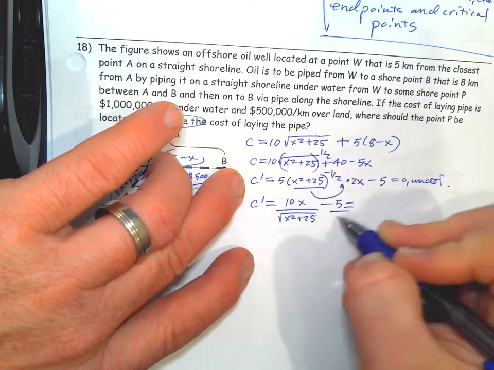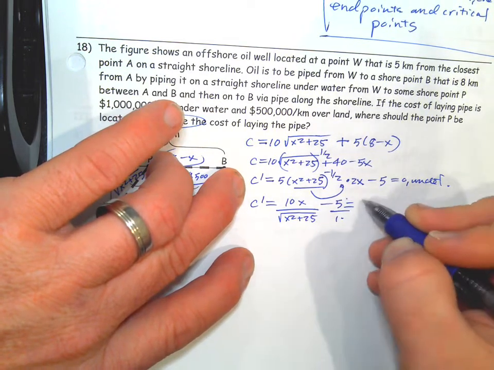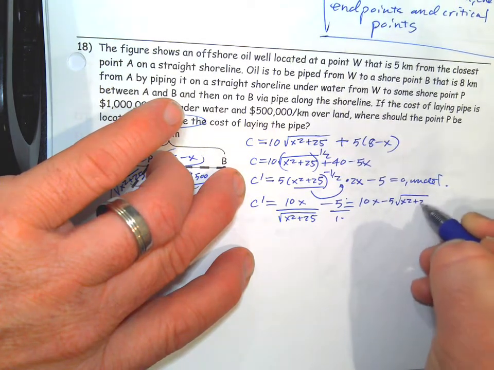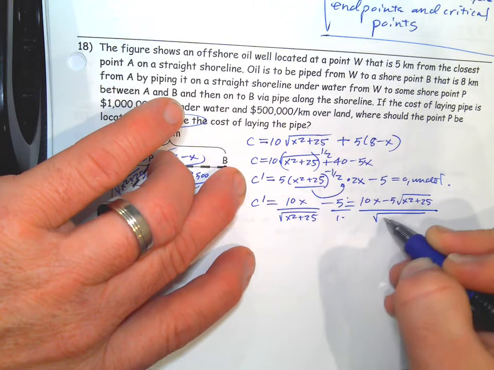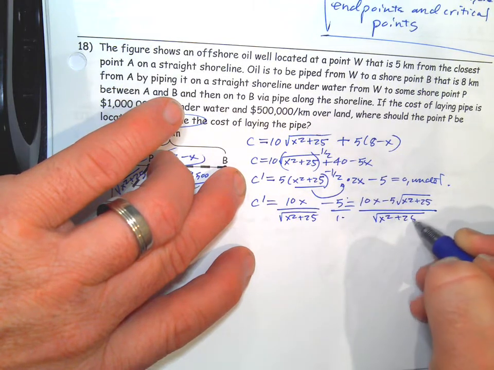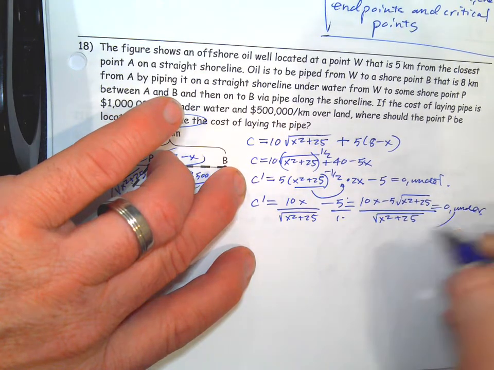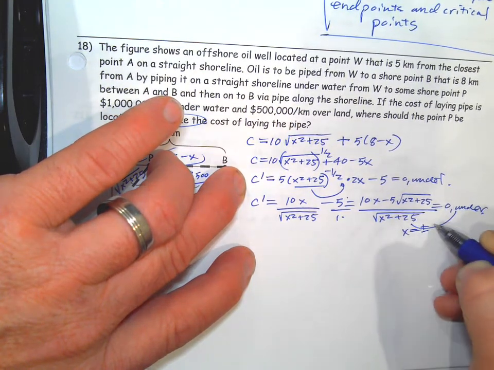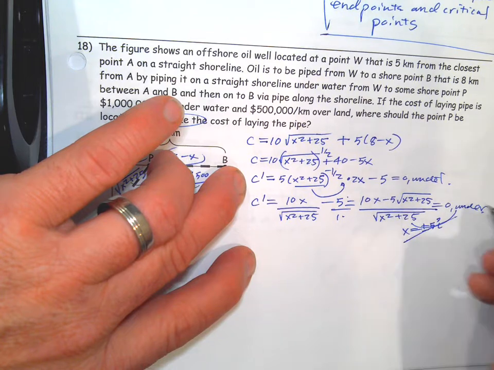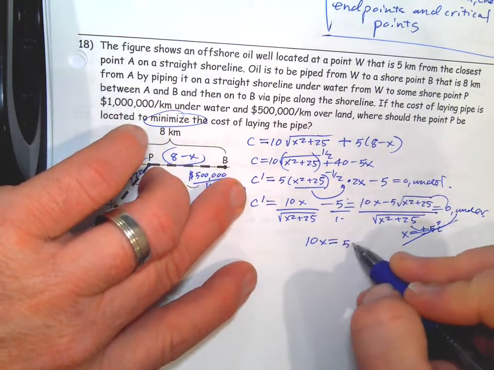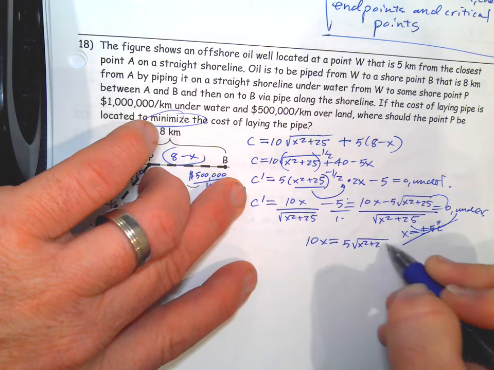We want to give these a least common denominator, so it's going to be 10x minus 5 square root of x squared plus 25, over the square root of x squared plus 25, equals 0 or undefined. Undefined comes from the denominator, which gives you plus or minus 5i, which we're going to throw out. 0 comes from the top, so that's going to be 10x equals 5 square root of x squared plus 25.